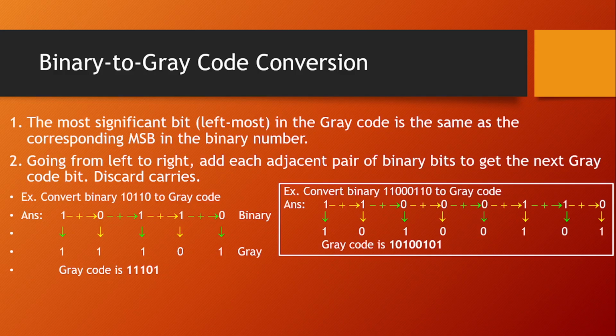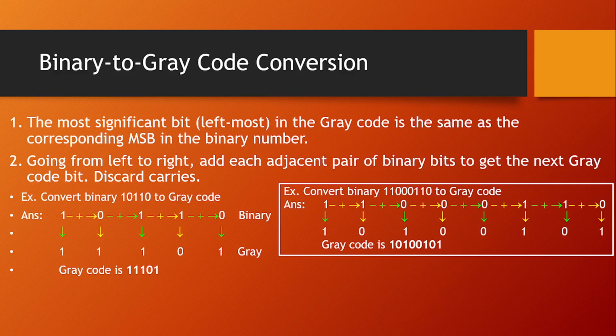Again, look at the example where binary 1100011 is converted to gray code. We start from the leftmost, going left to right, and the leftmost bit is kept as it is in the gray code. Then it is added to the next binary bit, that is 1. So 1 plus 1, sum is 0, so 0 is put here and the carry 1 is discarded, and in this way we continue.